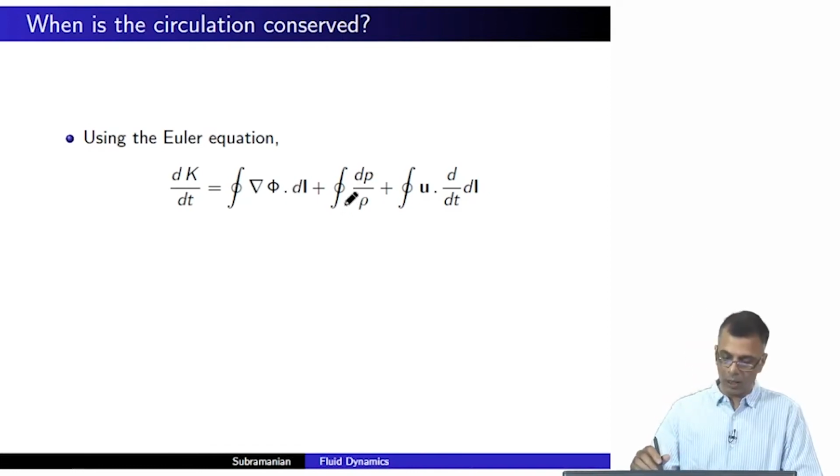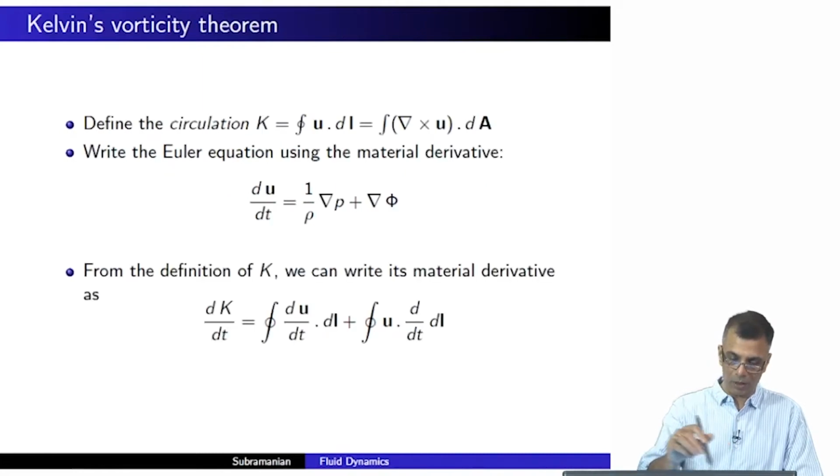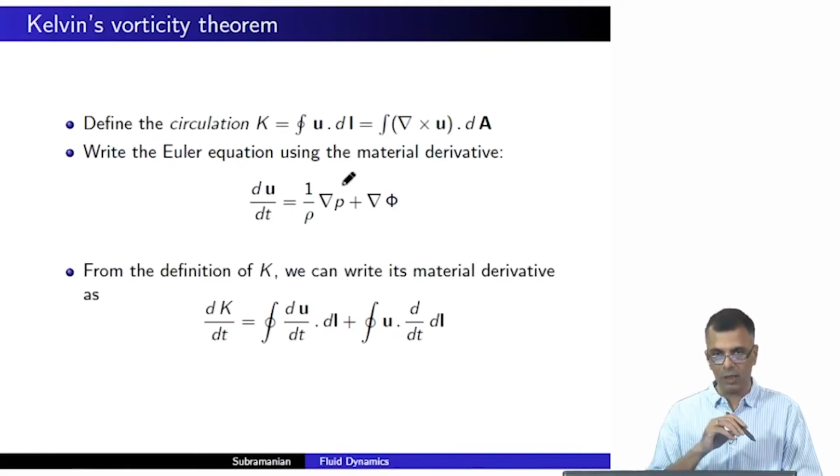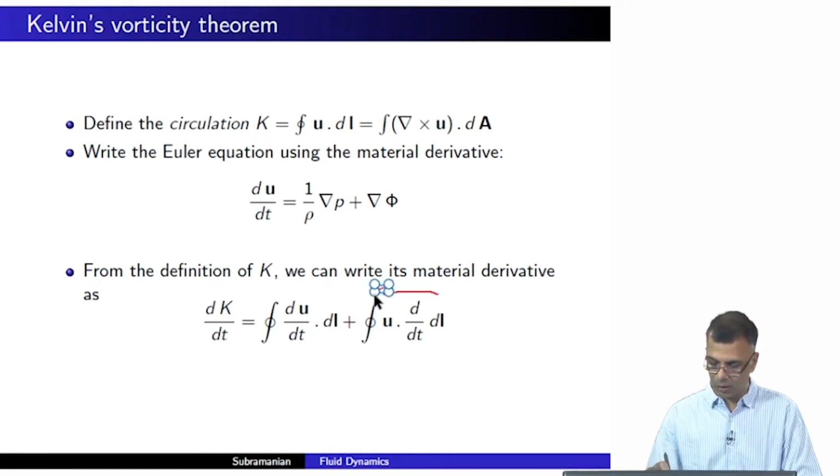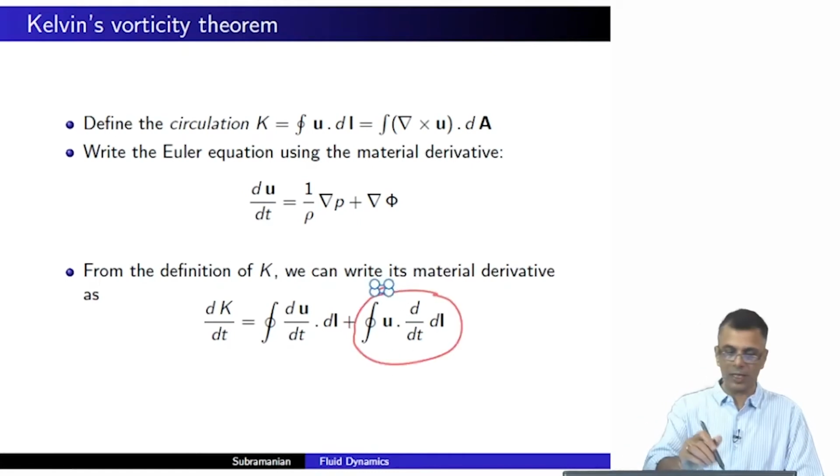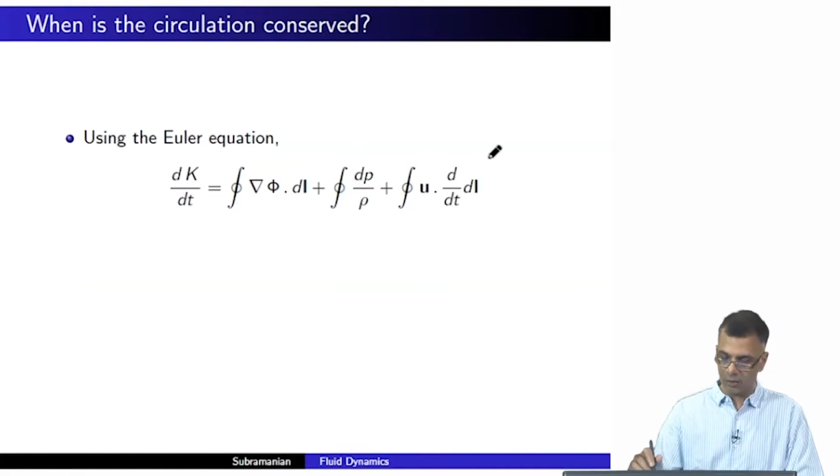This is a perfect differential because there's already a gradient of p, and because we want to retain just this term on the left hand side, this one goes over to the right hand side, right? So that's where you get this.